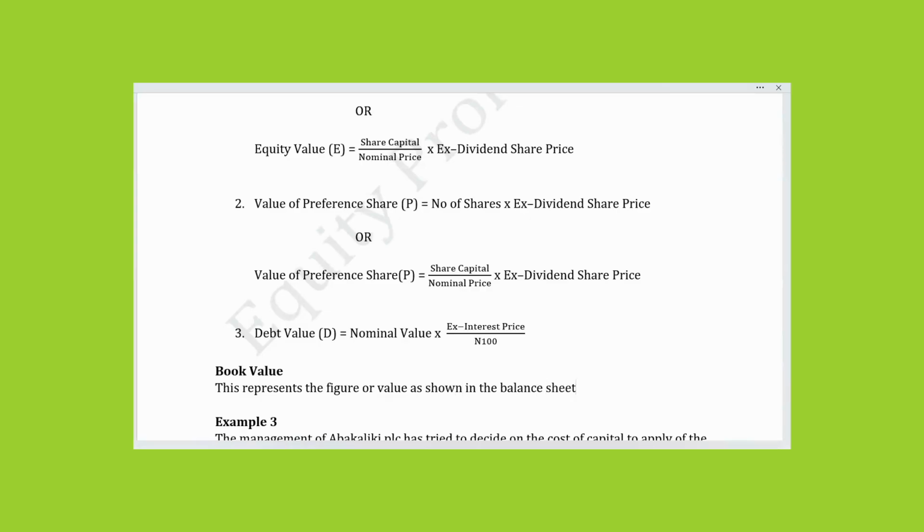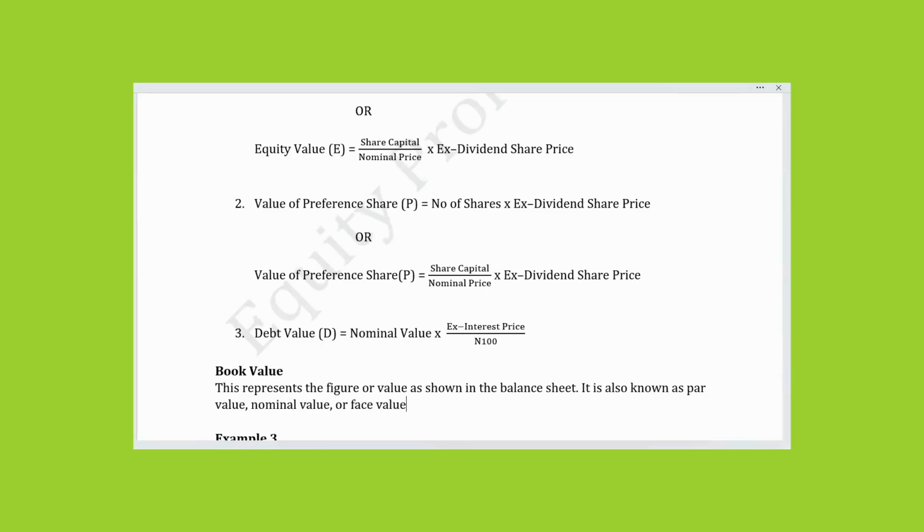So the value given in the balance sheet is your book value. It is also known as the par value, nominal value, or face value. Face value, that's the balance sheet value.